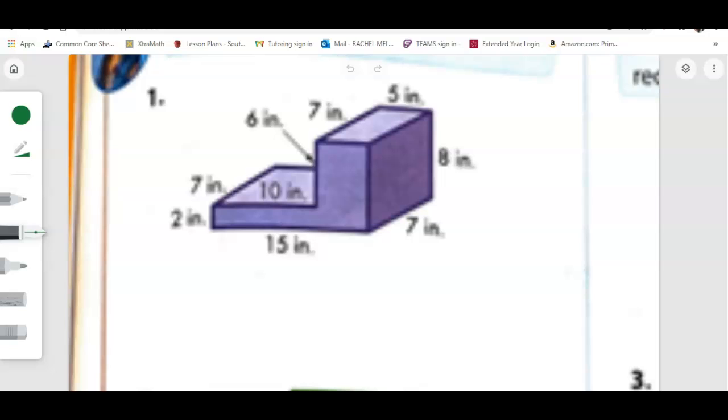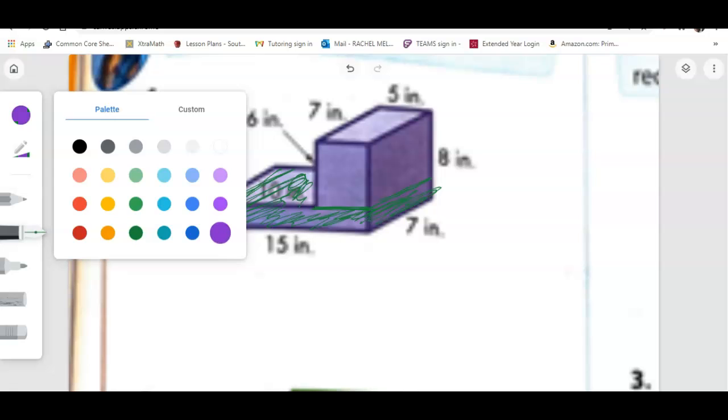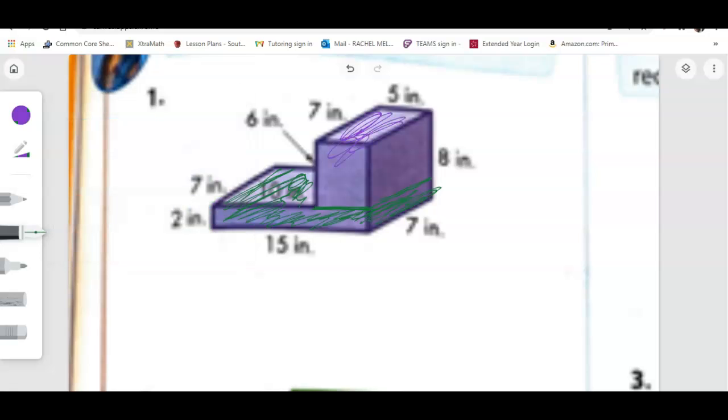Okay, and one last one. Take a look at that one. I'm going to cut this right here, I think. And I'm going to call this little skinny one the green. And then I'll call the bigger, kind of chunkier one on top the purple.